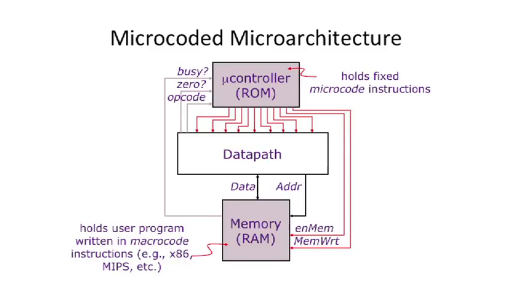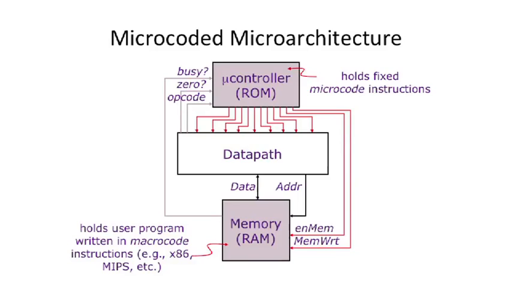And I wanted to contrast the microcontroller, or the micro control unit, with the memory where you're actually going to store your user programs. So your user program is going to be stored in a RAM structure, or a randomly accessible memory structure, versus a read-only memory structure.